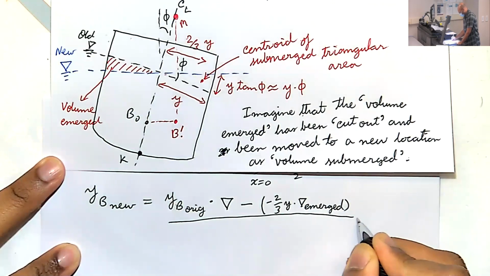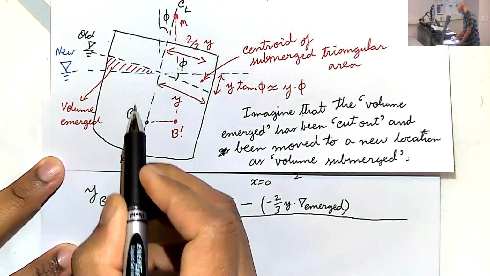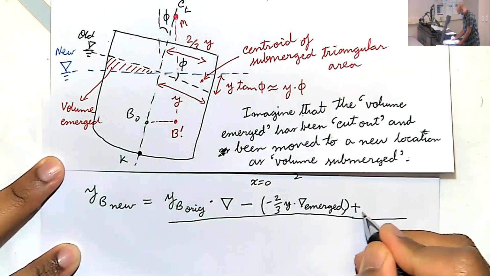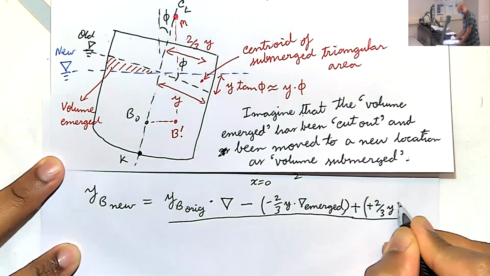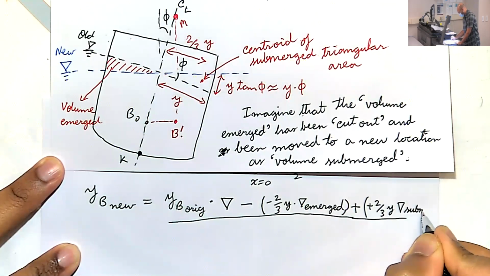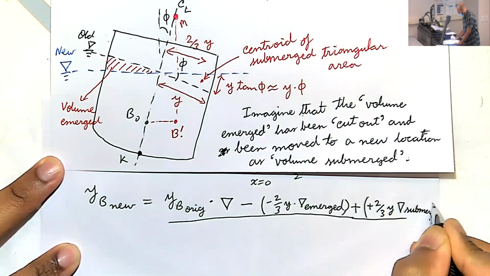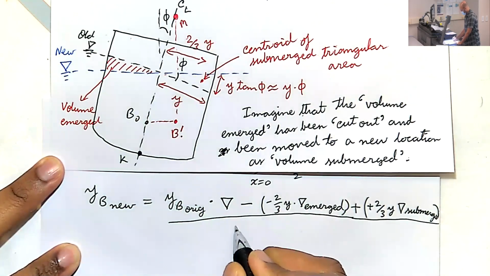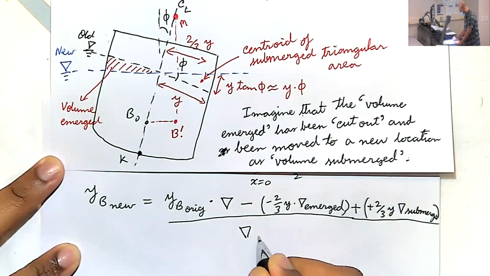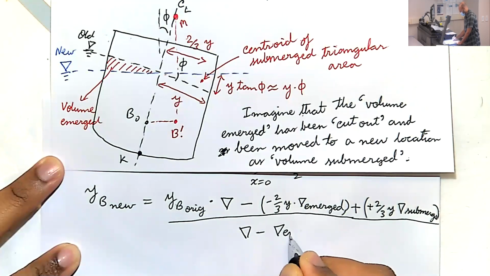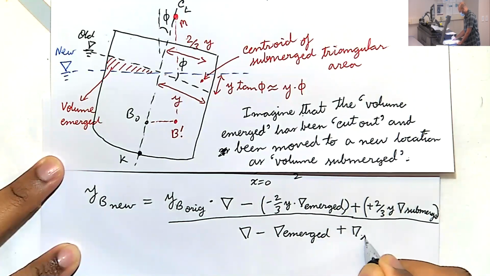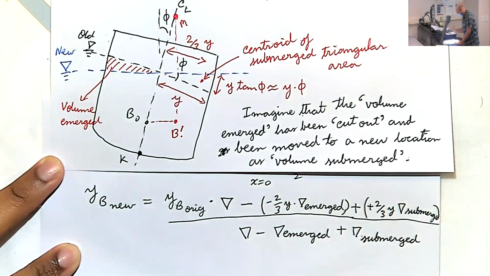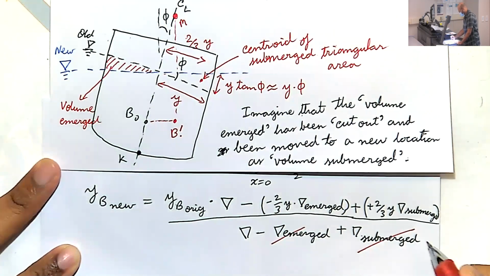And then once we move it to a new location, it's a plus 2 over 3 y nabla submerged. On the bottom, we have nabla minus nabla emerged plus nabla submerged. And since these two are equal, they will cancel.